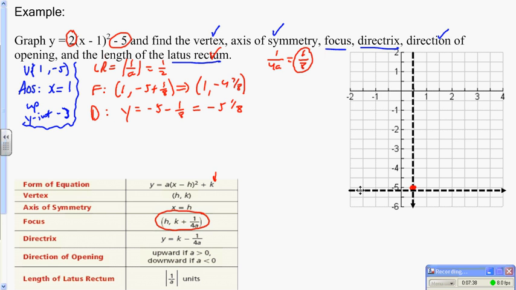So very close to our vertex. That's actually not close enough, but I'm going to have to make it easier for me to read this. Now that was the directrix. Now the focus is 1, -4 7/8, so right here. That's the focus.